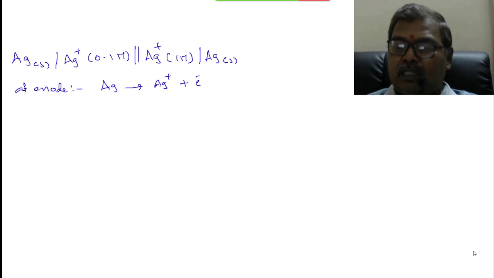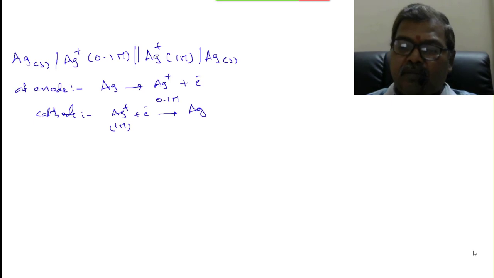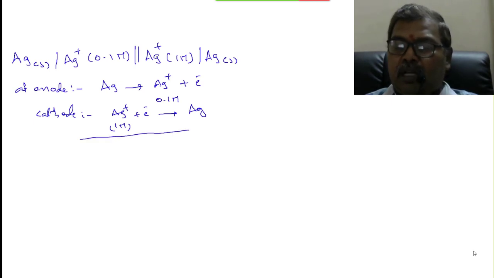This is a concentration cell, so write 0.1 molar here. And the reaction at cathode: what is the reaction at cathode? Ag plus plus electron gives rise to Ag. Here the Ag plus ion concentration is 1 molar. Now, what is the net cell equation? Silver, active mass is 1.